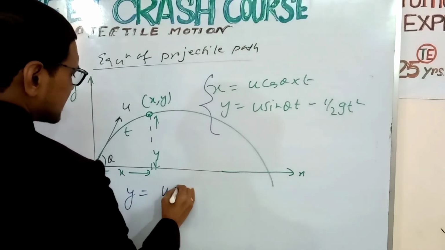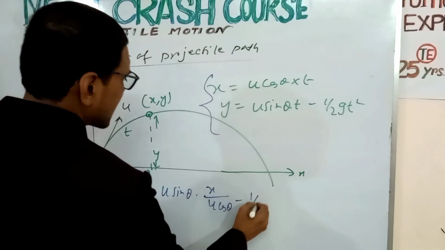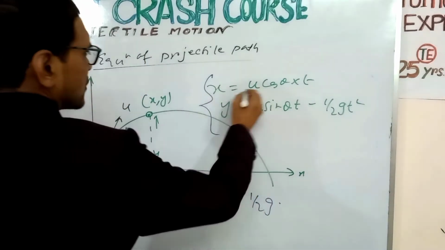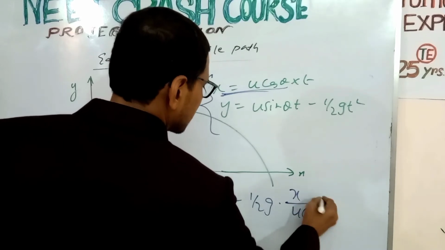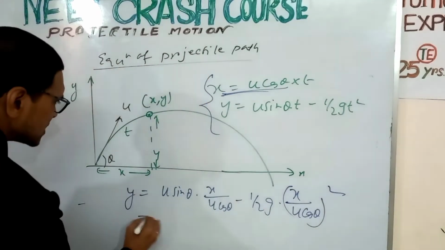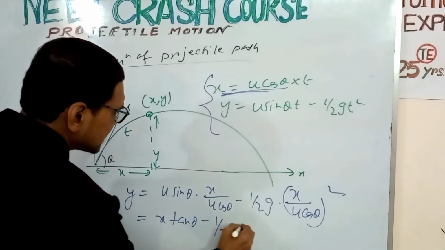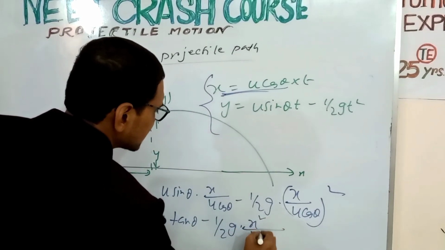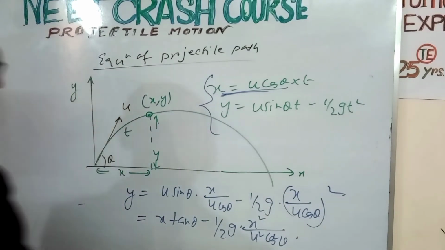y equal to u sin theta t, with t equal to x by u cos theta, minus half g t square. What is t? t equal to x by u cos theta. So this is x tan theta minus half g x square by u square cos square theta. So this is the result, the equation of the path.